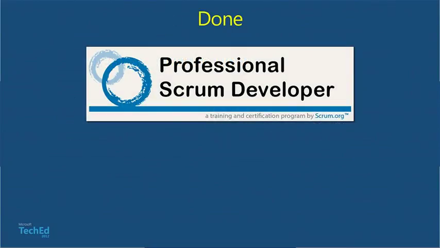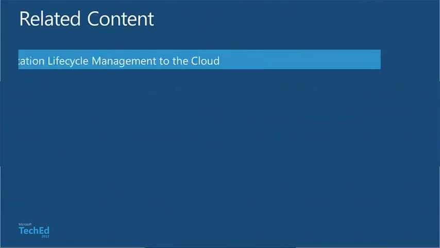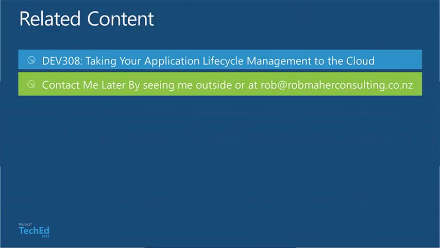Okay, I think that's me, right on time. A couple of things to call out before I take any questions. This is a course from scrum.org if you're interested in more of this type of stuff. The cloud version is already further ahead than the on-premise version. The cloud version, the web access, so the Team Foundation Service running on Azure, already has a Kanban board, if you're into Kanban.